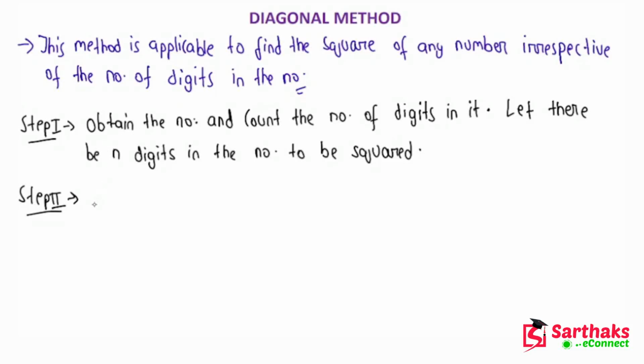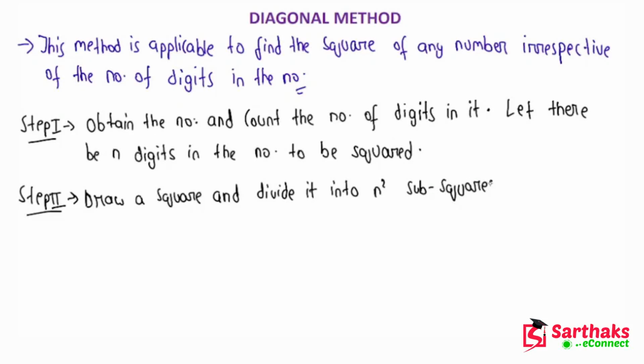Okay, so step 2 says that draw a square and divide it into n square subsquares. That is small squares which are n square in number. So there are n by n squares. Okay, n squares of the same size. How?